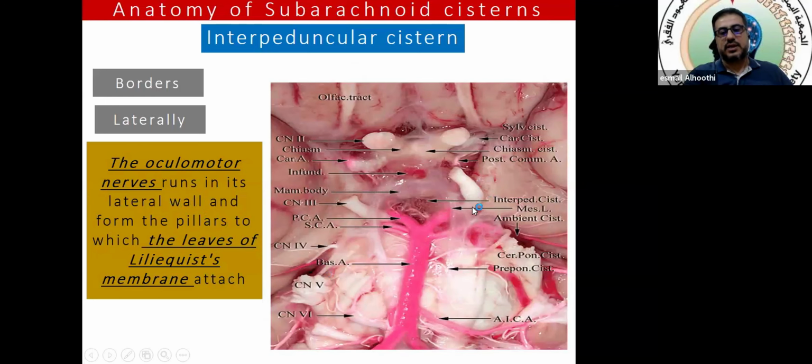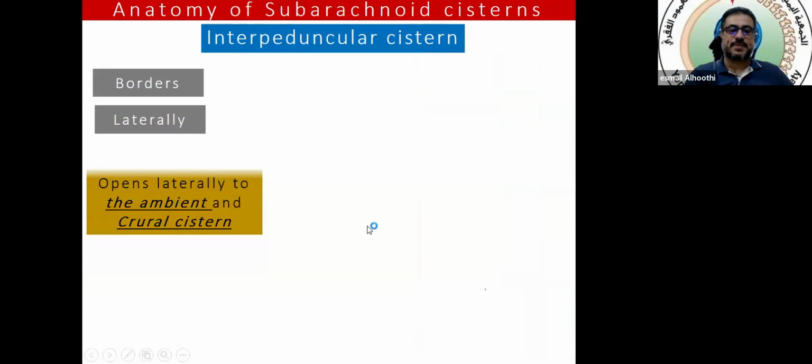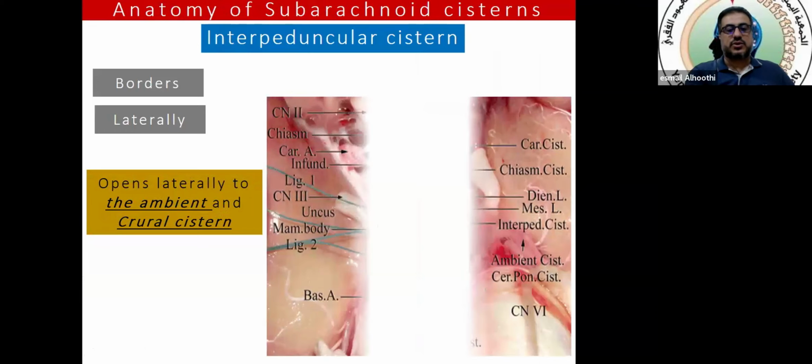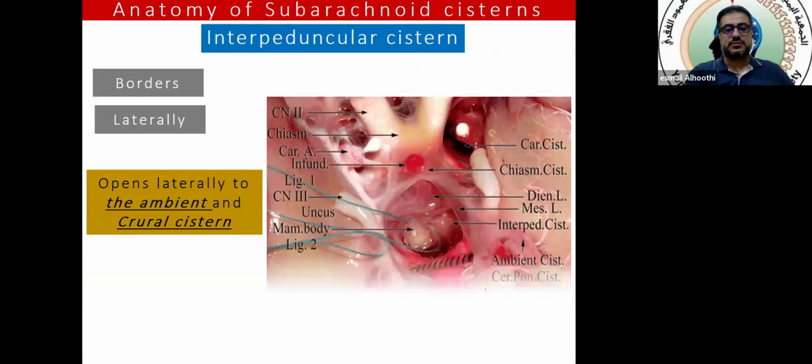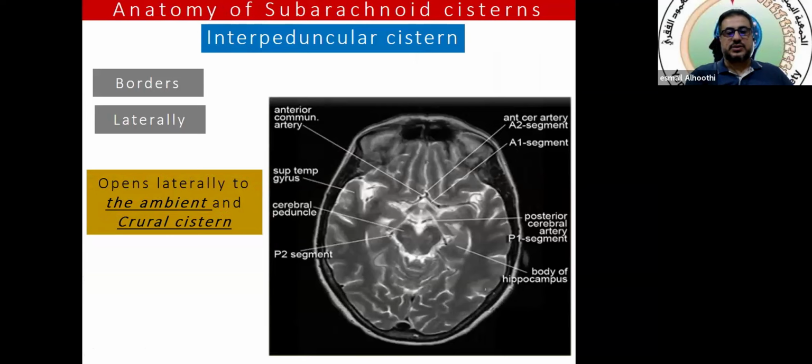So the Liliequist membrane originates from the dorsal part of the sella and spreads between the two oculomotor nerves as it goes posteriorly and divides into two leaflets. Laterally, it opens to the ambient and choroidal system, as you see here. It opens to the choroidal and ambient system laterally.